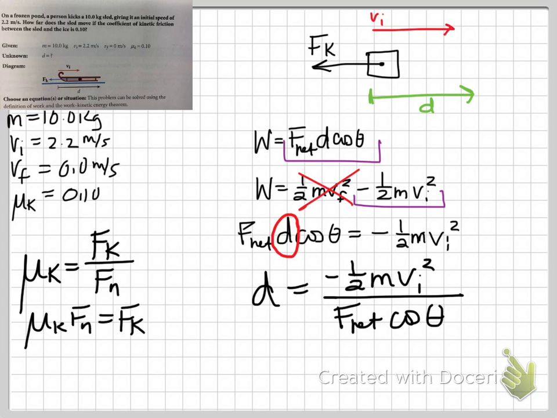Well, what's Fn here? If I add those, and I do a very quick little sum of forces on the y equals 0, equals Fn minus Fg, I can pretty quickly prove that Fn equals Fg. And are there any other forces on the x-axis?